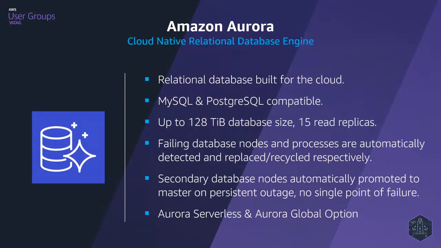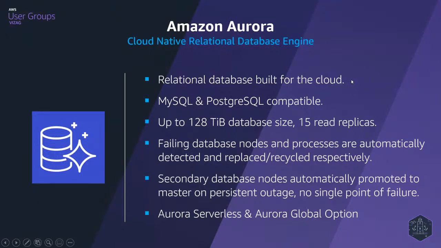And of course, you can also just start a new database that is either MySQL or Postgres inside Aurora. It supports up to 128 tebibytes, which you can think of like terabytes itself. It's just a conversion value difference. And up to 15 read replicas, which I will talk about in a second. This goes beyond what RDS does.